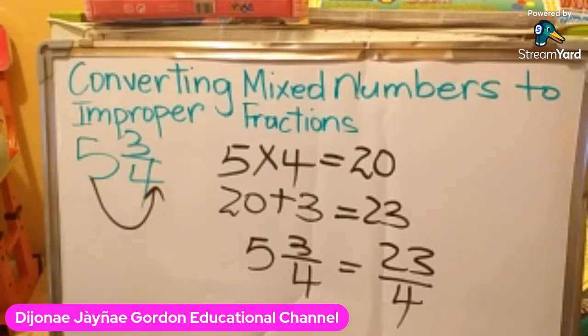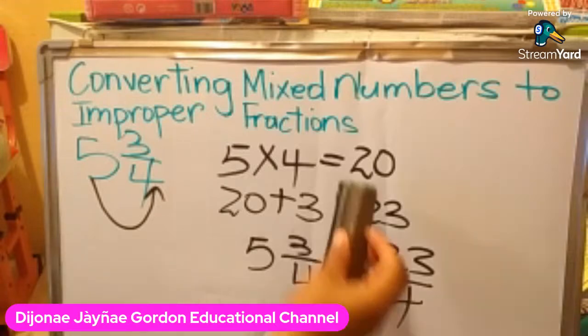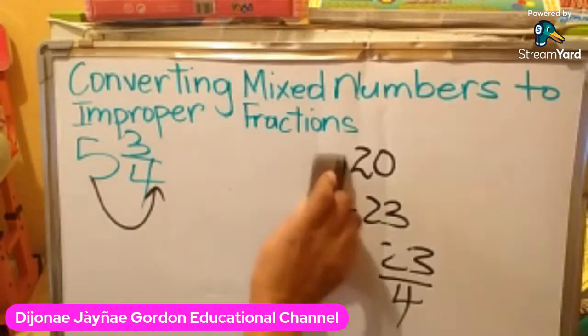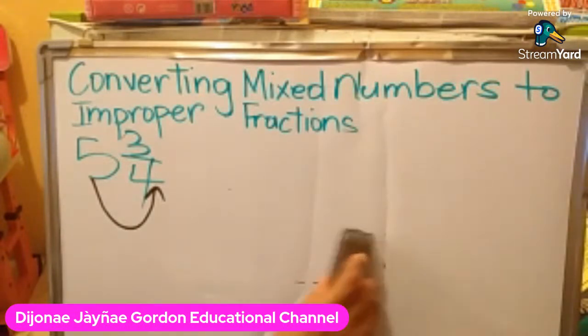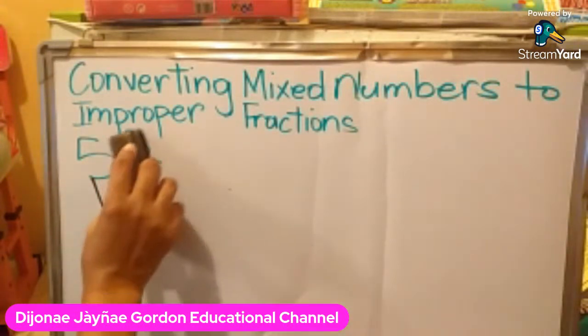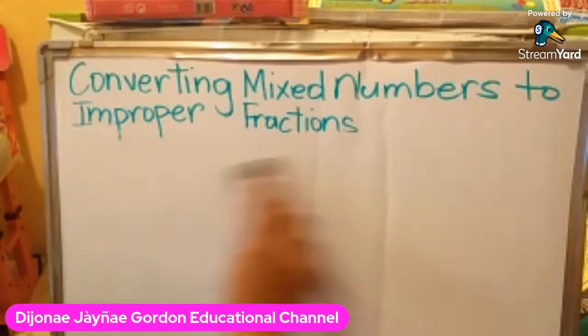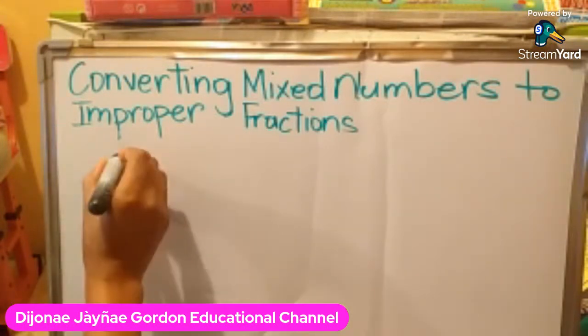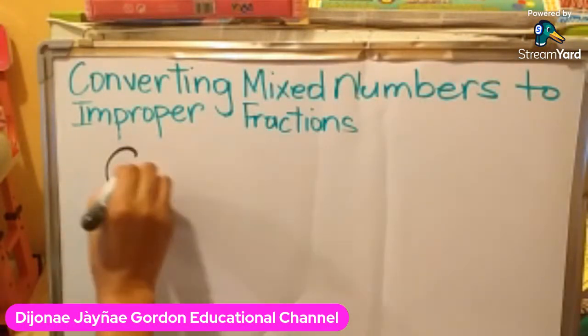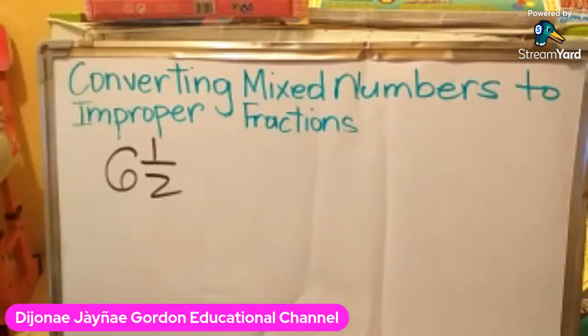So let's take a next one. Let's take another question. All right. The next one that we are going to be looking at is 6 and a half, or 6 and 1 over 2.